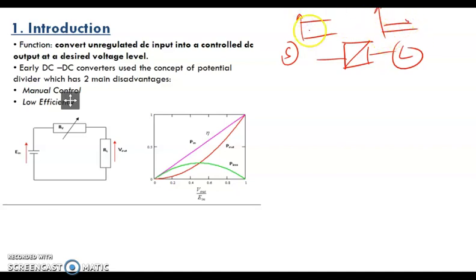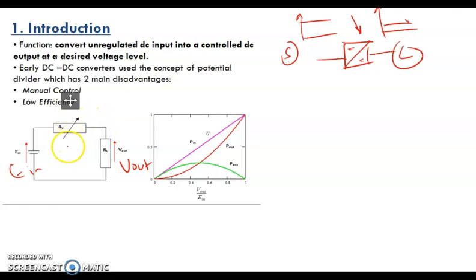For a linear regulator, we are only able to step down in terms of conversion, because we have a source of E in and we need V out.